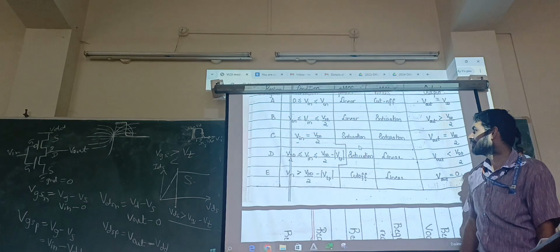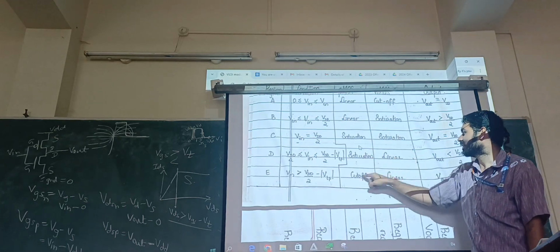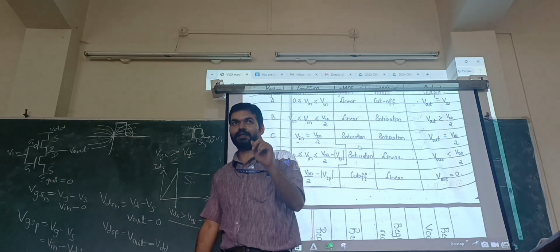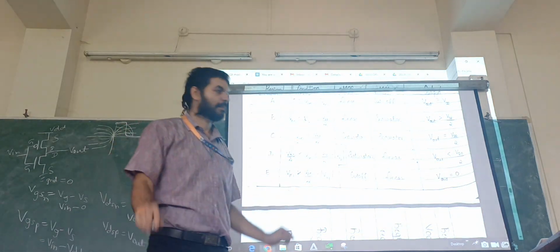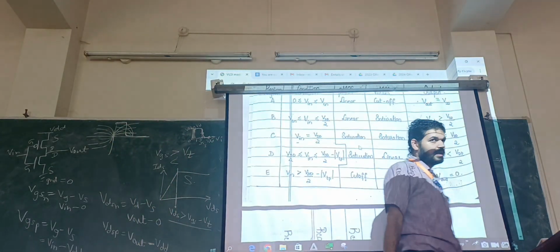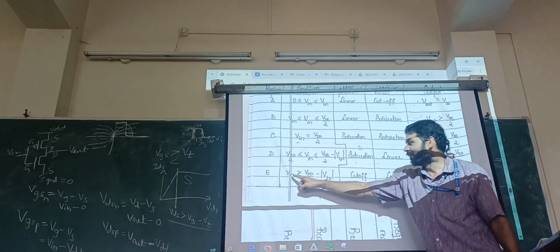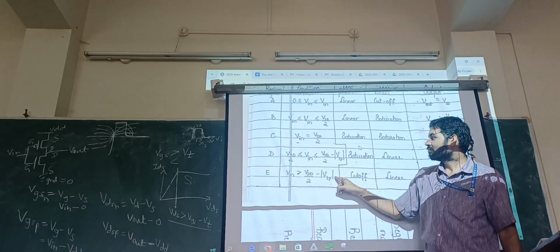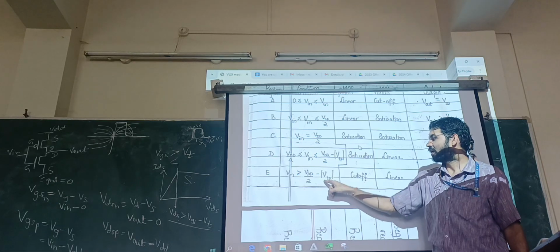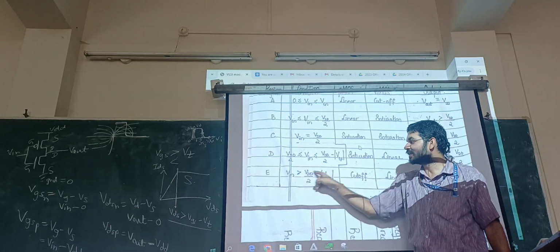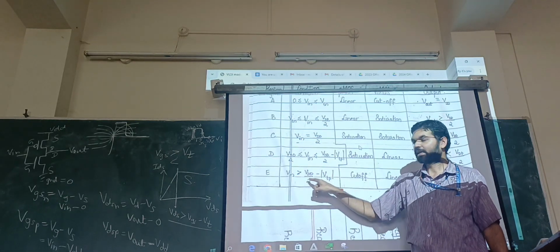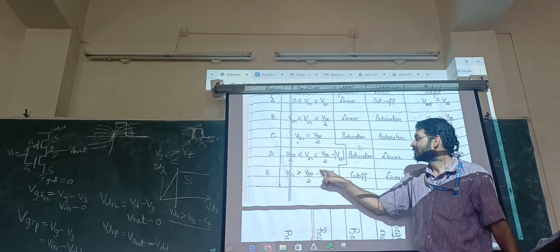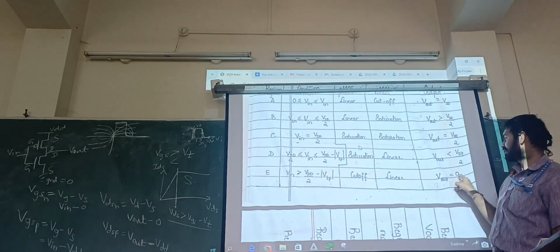So the region of operation, all this you will know from the old table, matching the old table with this table. Fine. Now see the last case: V in greater than VDD by 2, that is greater than 2.5, or input is almost near VDD. Output is 0.